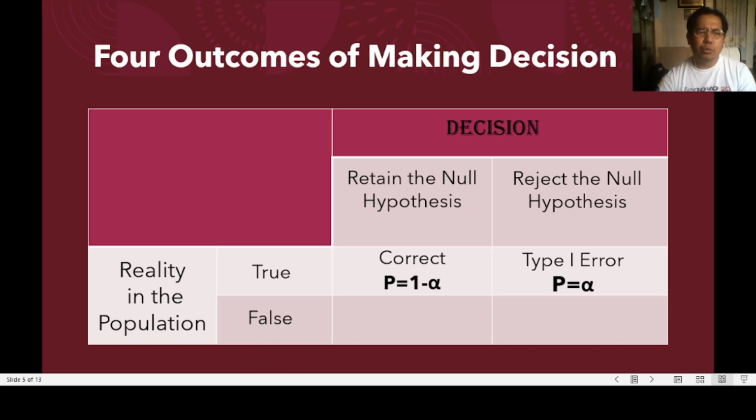Now what about if in reality the null hypothesis about the population is false, and you retain the null hypothesis?